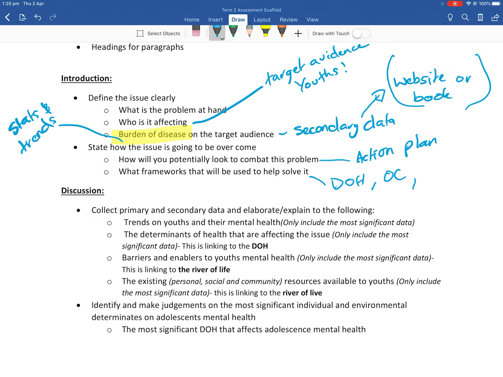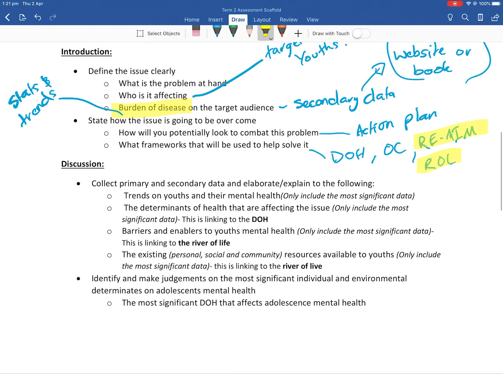We're also looking at 2 new ones this assessment, so RE-AIM and the River of Life. Again, these 2 new frameworks, there'll be a video on them to explain it so that you guys get some information, and then some worksheets around it to help yourselves with the information as well.